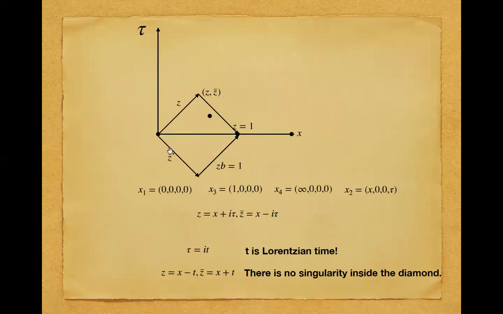Yeah, I can always bring 3 points like this. I can take any 3 operators, and I can always put one of them at 0, one of them at 1, and one of them at infinity, and one of them on this plane.